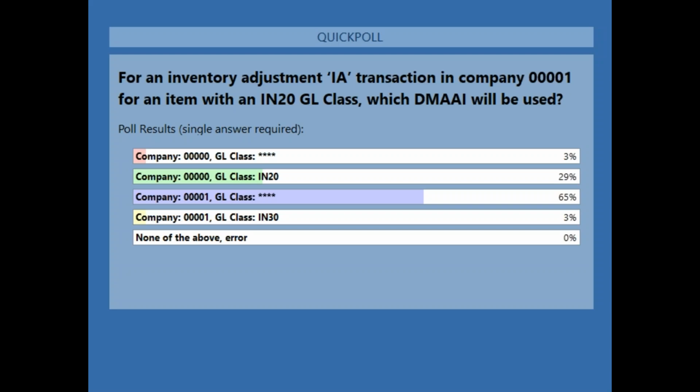There is no IN20 for company 1. So the second thing it will do is look for an exact match on the company number and the asterisk. So that's the one that was picked up. Since we had a match for the exact company, that would take precedence over number 1 and 2 here. So very good. Most of you got this one pretty easily.